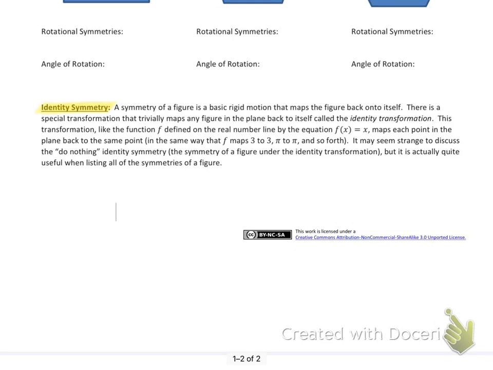All right, and this comes from the fact that in math, we have a lot of identities. One of the identities that we have is in algebra, you might have seen this before, a plus 0 equals a. Why do we need to have that rule? Well, it kind of sets the foundations of math. It's not something we dwell on, but it's an important rule. That's called the identity property of addition.